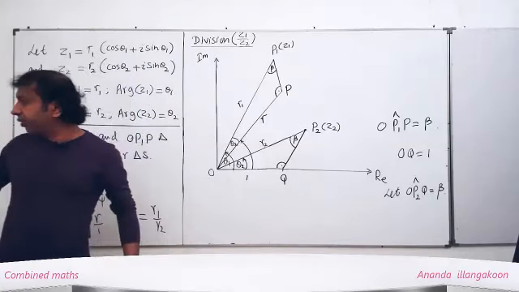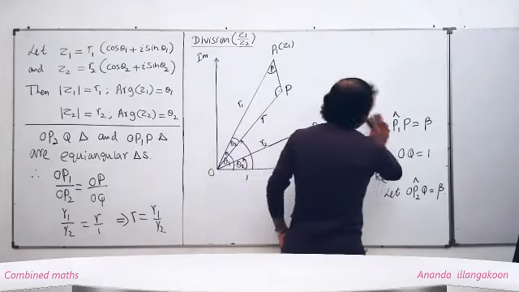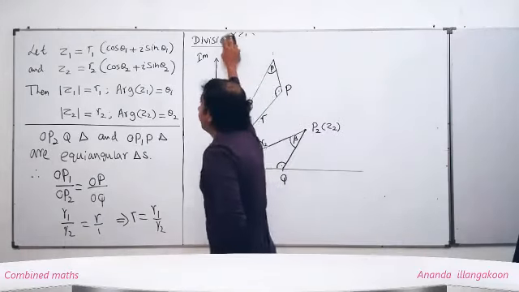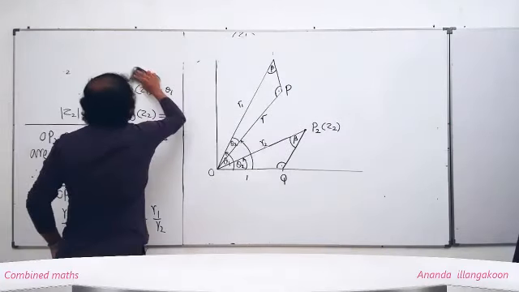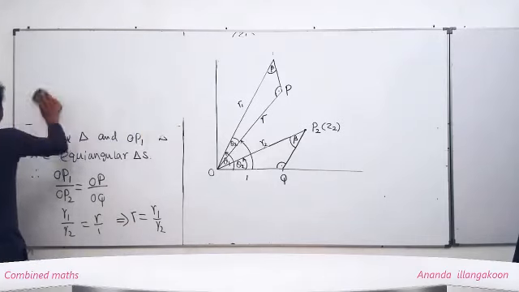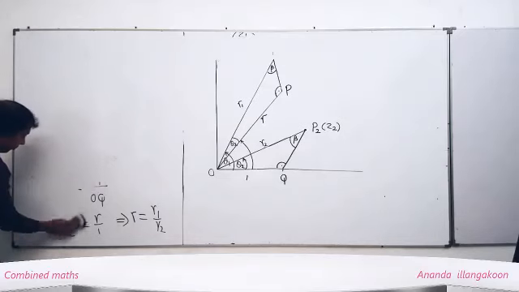We'll move to the next theory: rotation of a complex number about a point in the Argand plane. This is, of course, known as rotation theory. So let's see what this theory is.